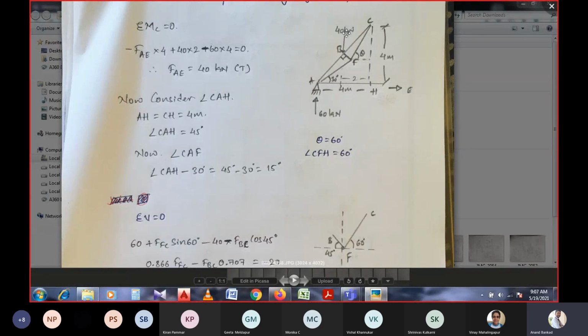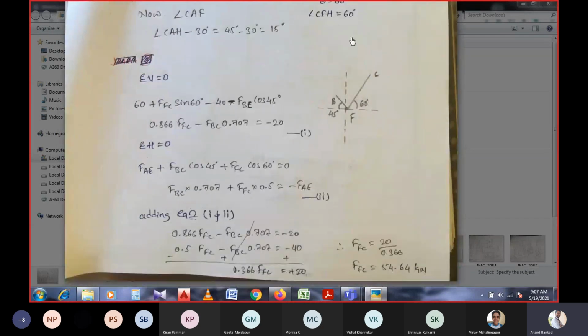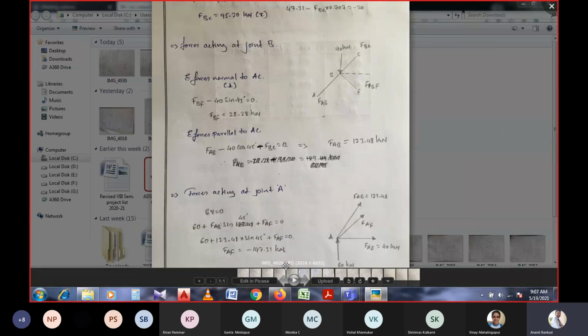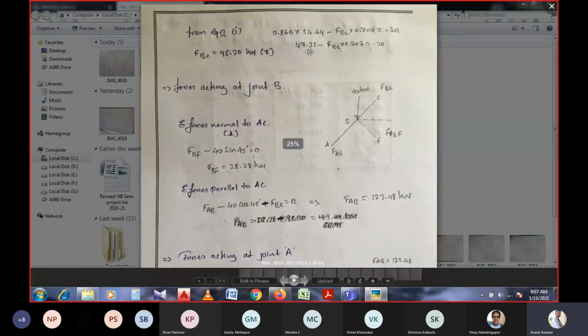After that, we have taken the vertical forces and horizontal forces in the section, that is the left hand side. That gives equations, with the help of which we obtained FFC. That is substituted in equation 1, and we got FPC.